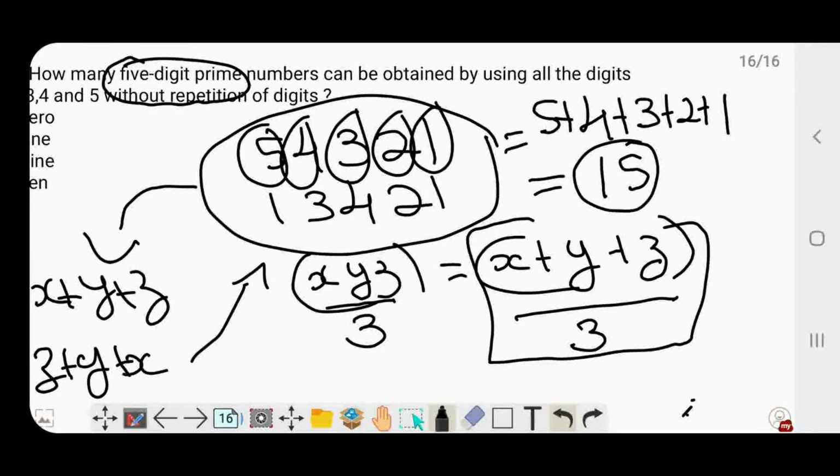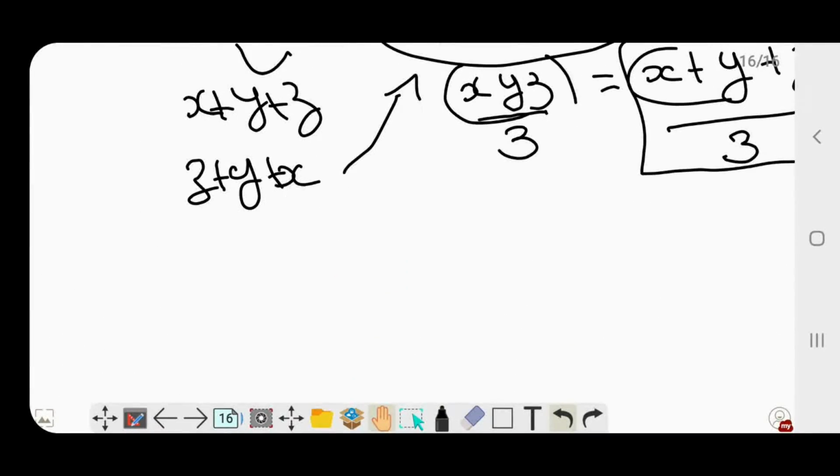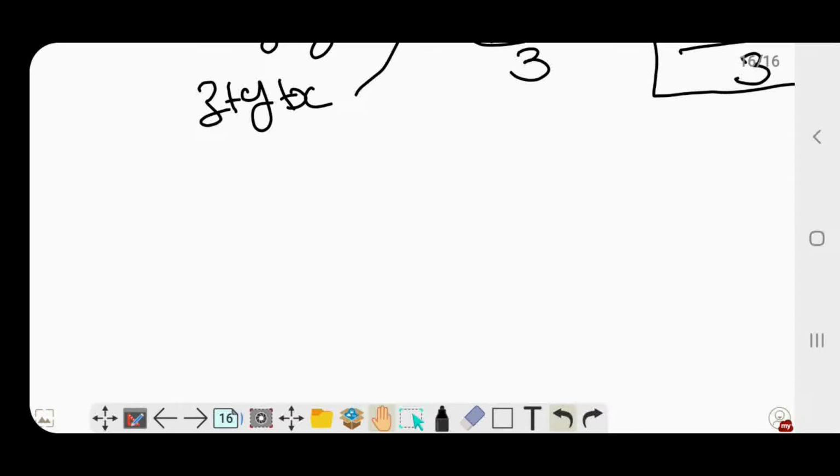As I told you earlier, if the sum of digits of a number is divisible by 3, which is the case here since 15 is divisible by 3, then that number is also divisible by 3 and would not be a prime number, because a prime number should not be divisible by any number except itself and 1.